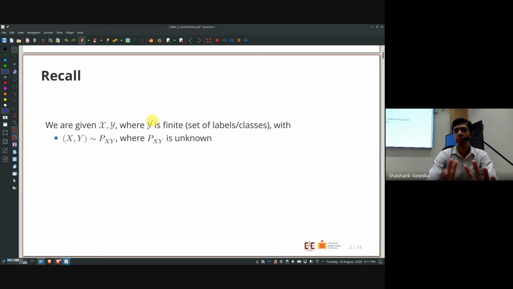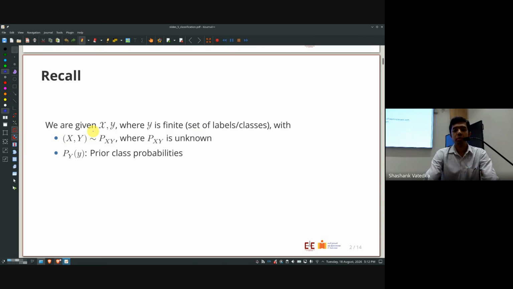It could be 2, which is binary classification, or it could be more than 2, which is multi-class classification. And when we are talking about the learning theoretic formulation, we assume that at any point we're observing samples (x, y), where x and y are jointly distributed according to p_xy, where p_xy is unknown. Right?